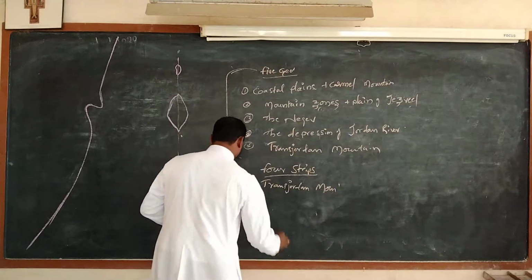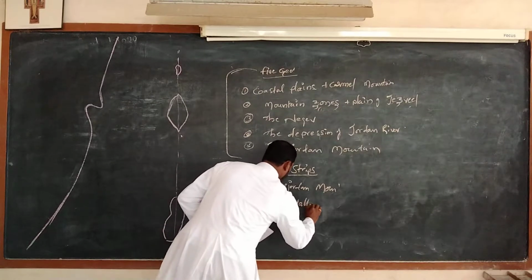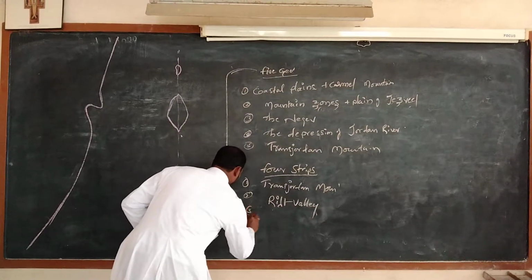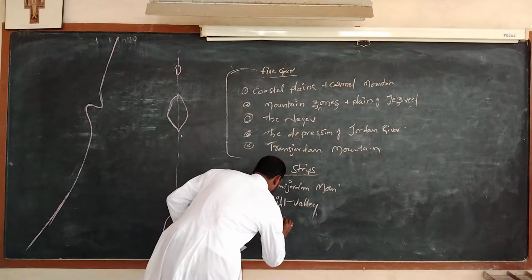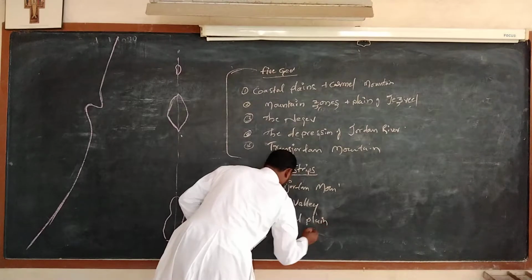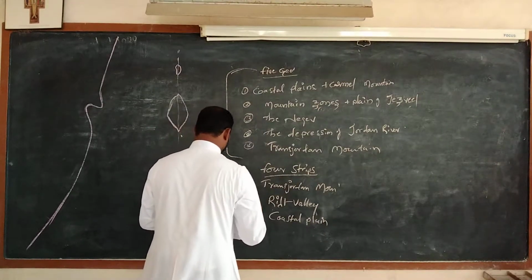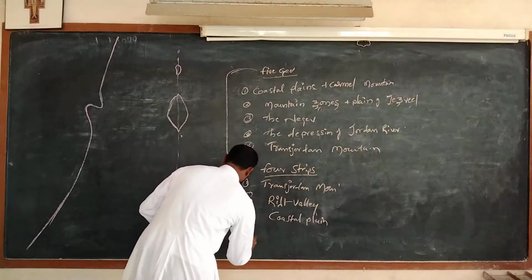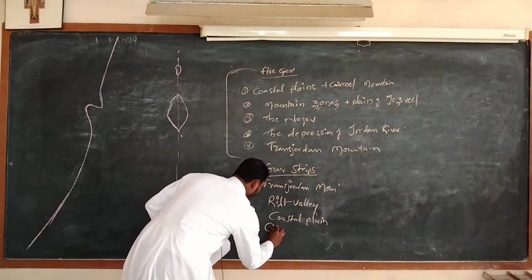Secondly, Rift Valley, such as Jordan Valley. Thirdly, coastal plains. Fourthly, Sea Jordan mountains.